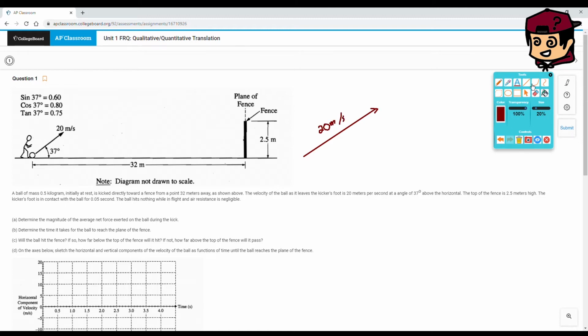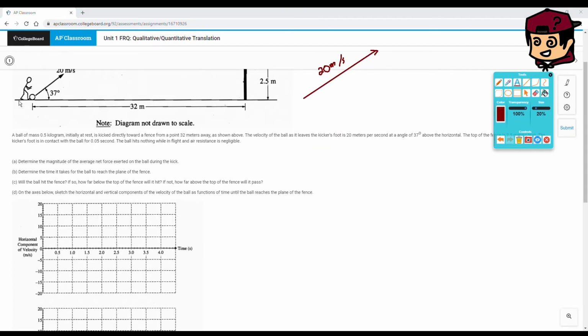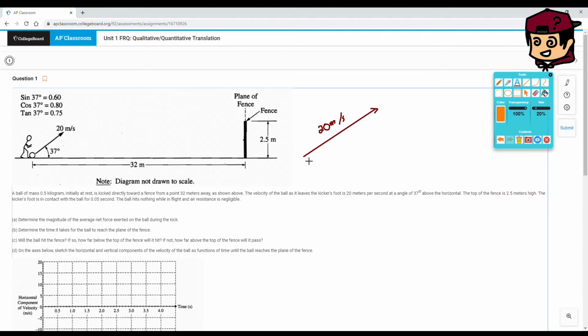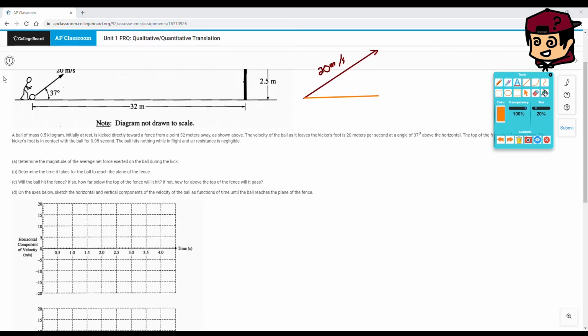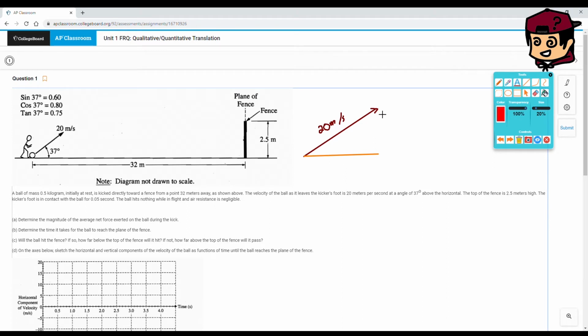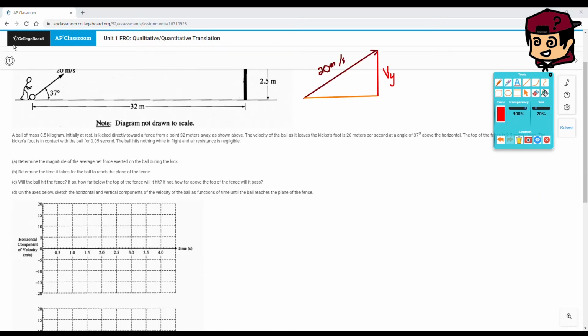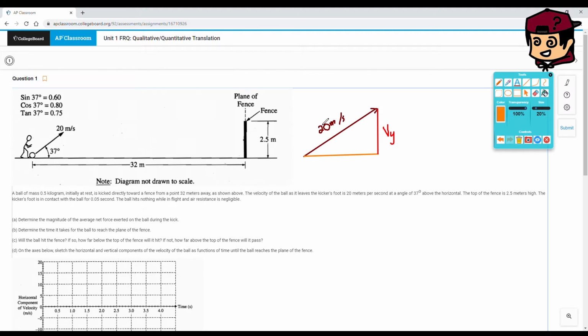And now we know there's going to be a velocity x component and a velocity y component. So this is velocity y, and this would be velocity x.